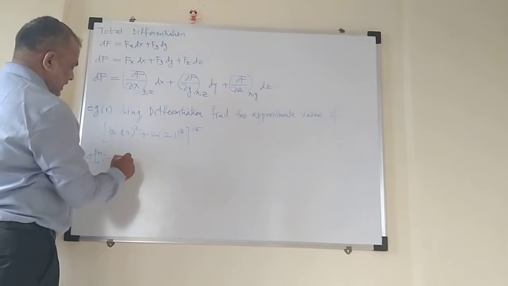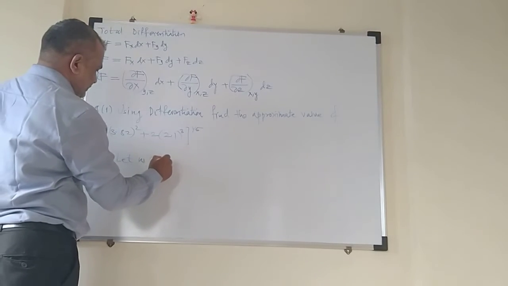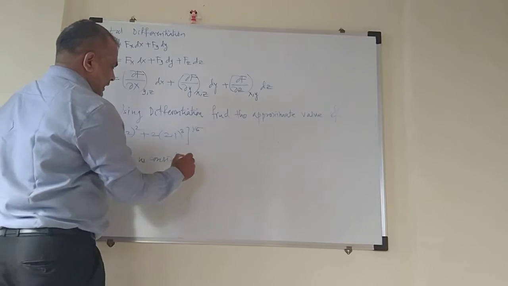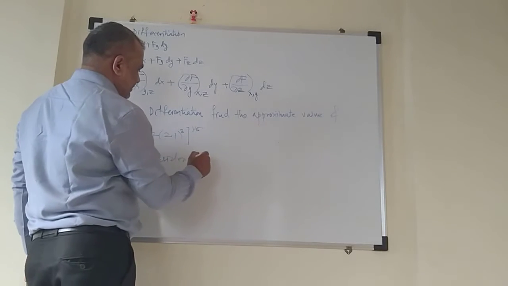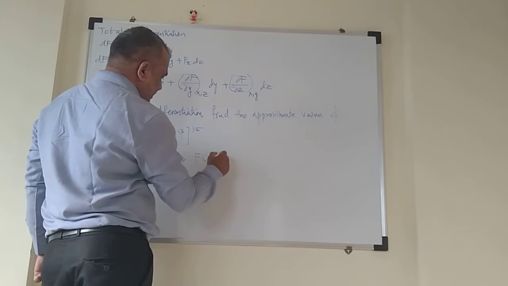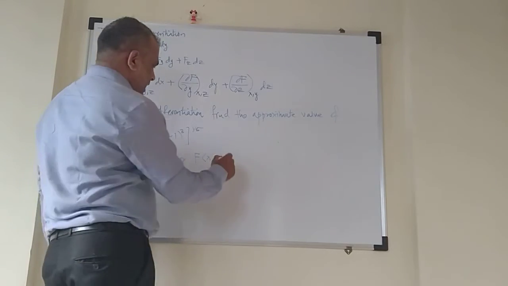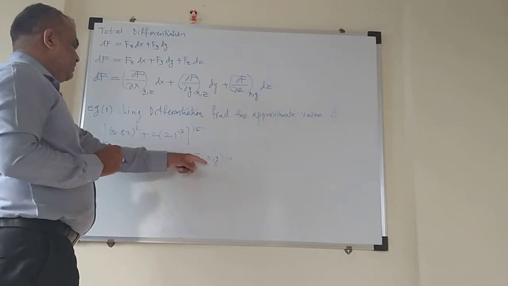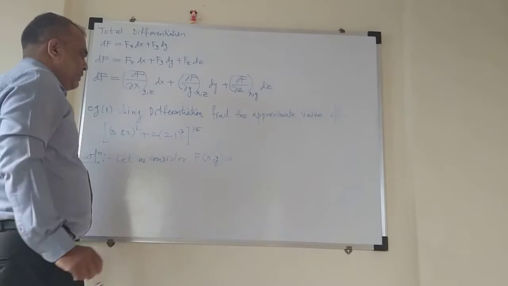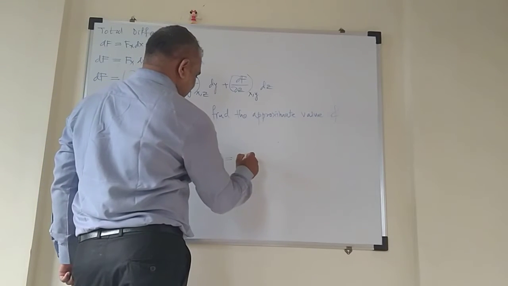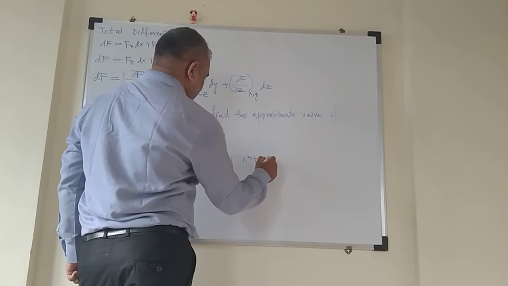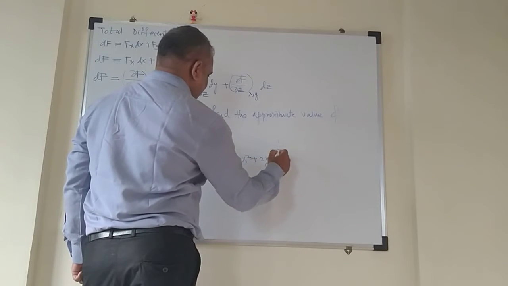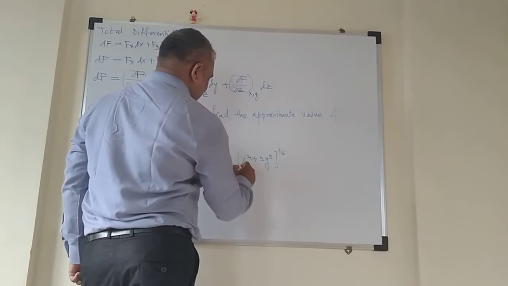Let us consider capital F as a function of two independent variables x and y, equal to (x squared plus 2y cubed) raised to power 1 by 5.